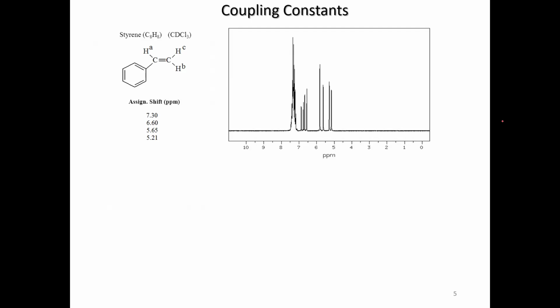Can you tell me about the signal of this HA? It has a coupling constant with HT, and it has a coupling constant which is different from HB. Which one is the longest? Focus on HA. Which one is the longest coupling constant, with HB or with HC? Which one is the longest when you talk about cis, trans? Cis or trans?